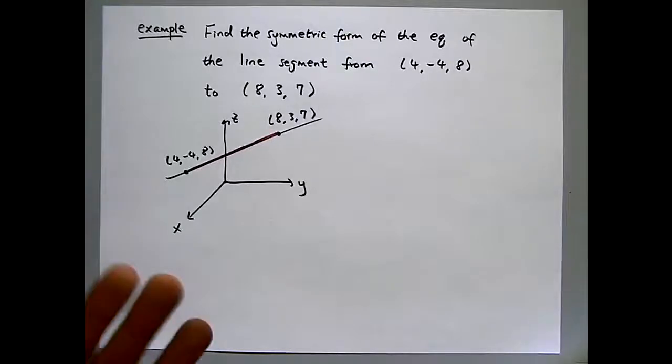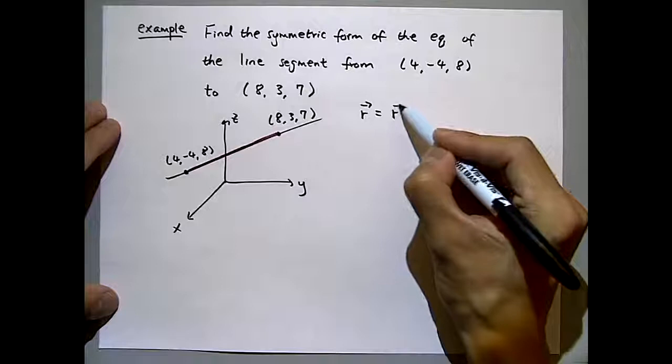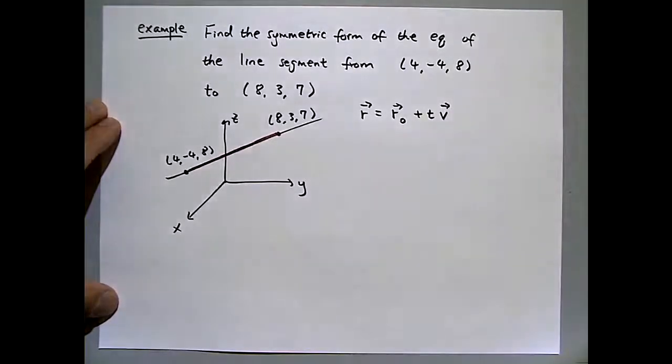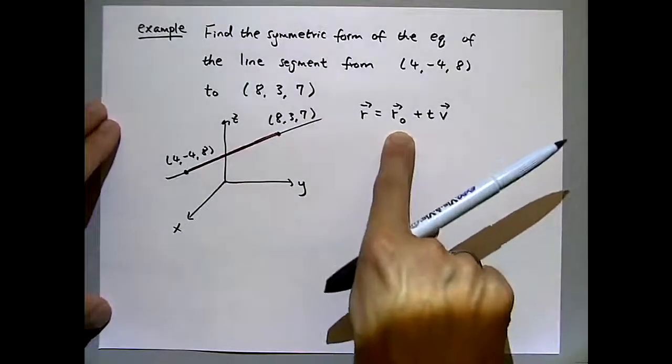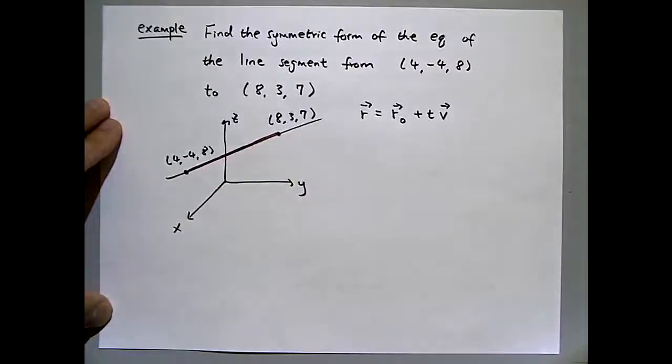All right, so let's start with the vector form. You can let either of these points be the original point. It really doesn't matter.